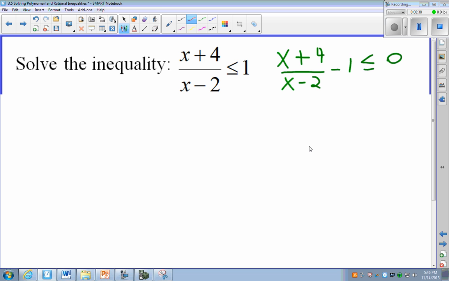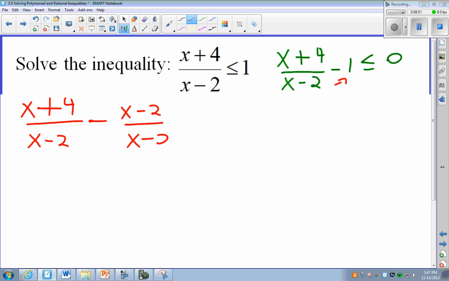So what we need to do is come up with a common denominator. We'll multiply that 1 by x minus 2 divided by x minus 2. Notice how they have a common denominator, and this is still less than or equal to 0.